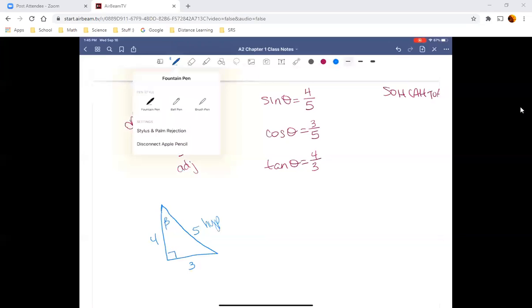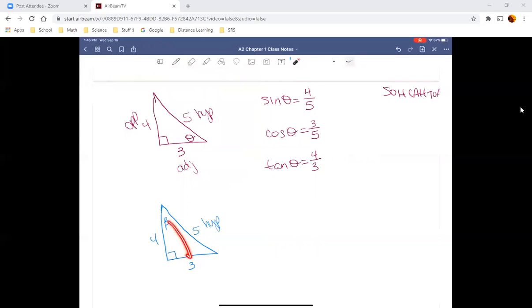But now my 3 is going to be what from beta? Opposite. Now that one's my opposite side. Yep. And 4 is going to be my adjacent. Right? I know. Just think adjacent, right? Halloween's coming. You want to be next to him.